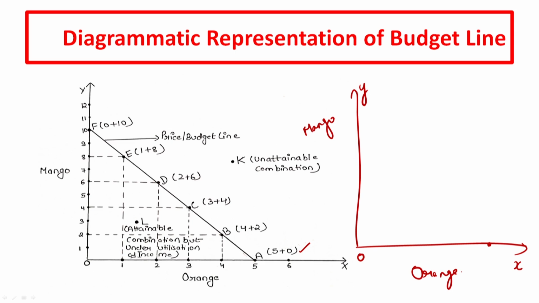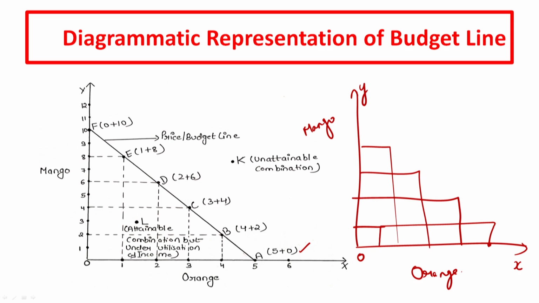At combination B, you have this much of orange and this much of mango. Now, you are reducing oranges and increasing mango. Again reducing, again increasing. Like this you are going to do. So, all these are the combinations A, B, C, D, E and this must be F. And each shows some combination of oranges and mango.